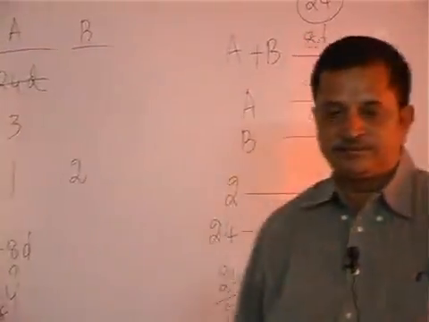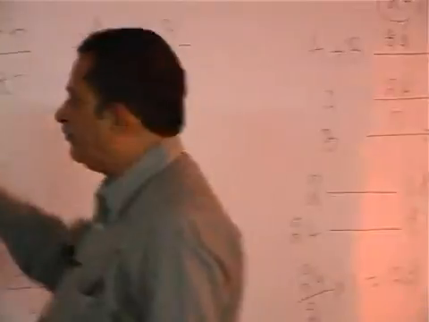A, B and C can do a piece of work in 6, 9 and 18 days respectively.